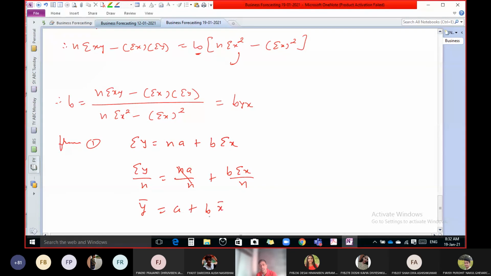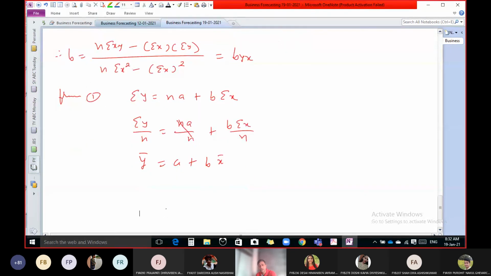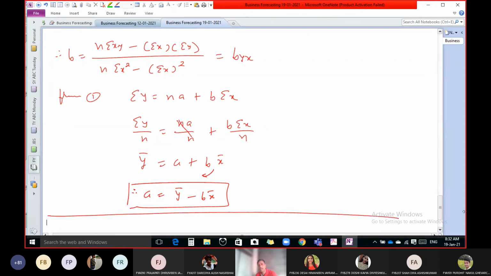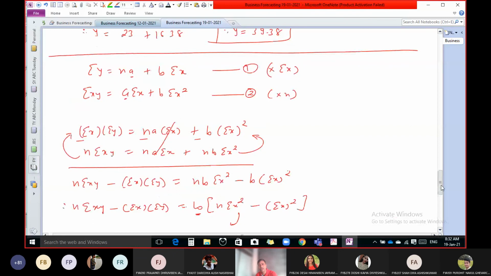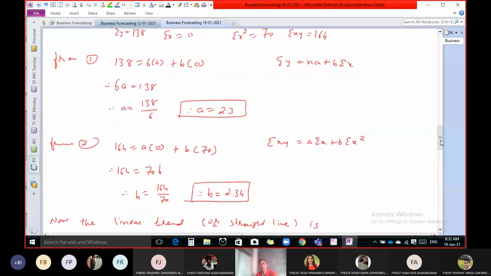Now take b and x bar to the other side, so we get a equal to y bar minus b x bar, and we know that is the formula of a in regression. So ultimately these two equations are the same as the regression line, but the way of calculation is different.